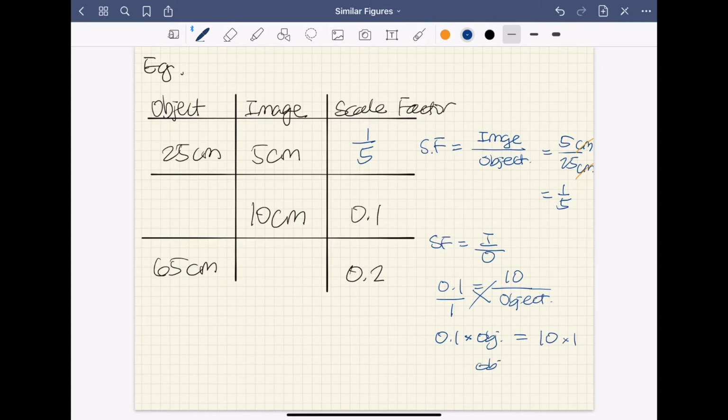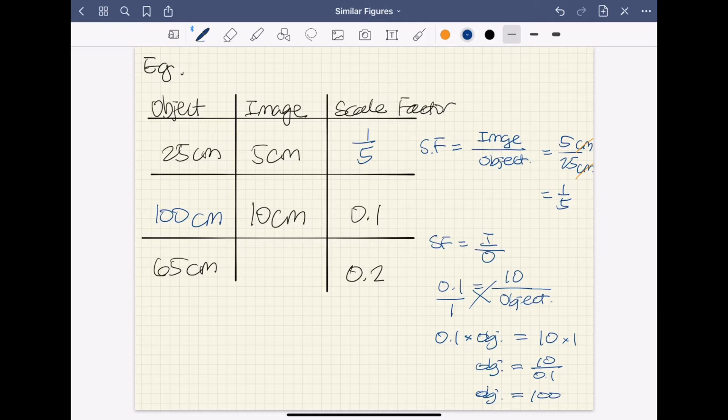So the object is then equal to 10 divided by 0.1, which is equal to 100. And this time it's the object length, so it will have a unit, which is centimeter.